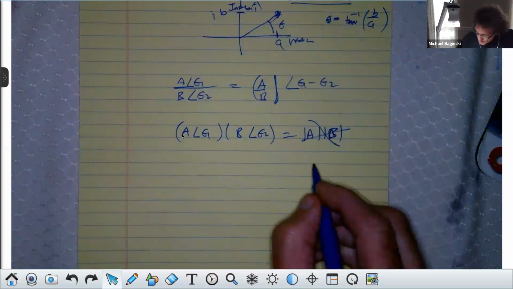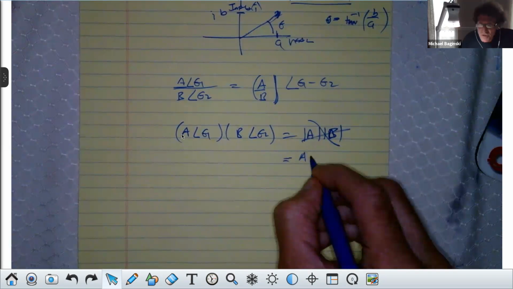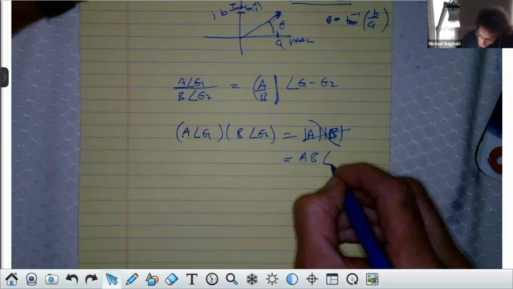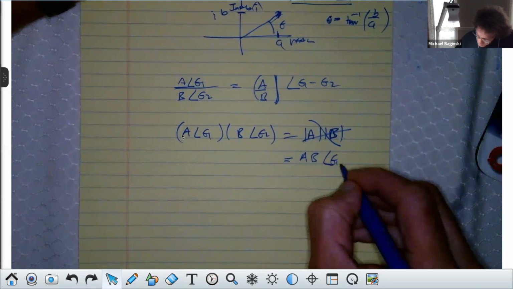So I'm going to just put, it would be A times B. Those are scalar numbers. It could be 1, it could be -1, it could be 20, -20, and so forth. The angles are what you deal with here additively. It would be theta 1 plus theta 2.